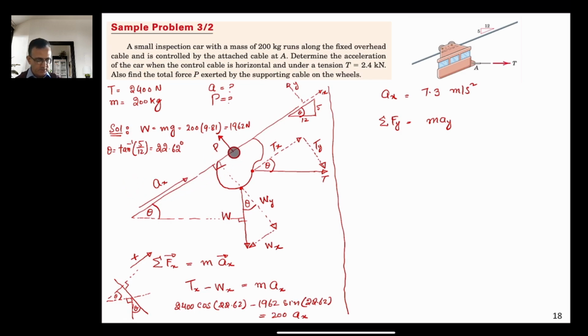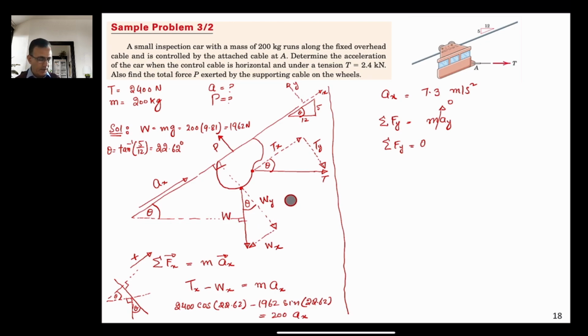So there's no motion in the y direction, which is perpendicular to the cable. So obviously this right hand side is equal to 0 here. So this means that summation of all the forces in y direction equal to 0. Now we can use this equation to calculate P here.